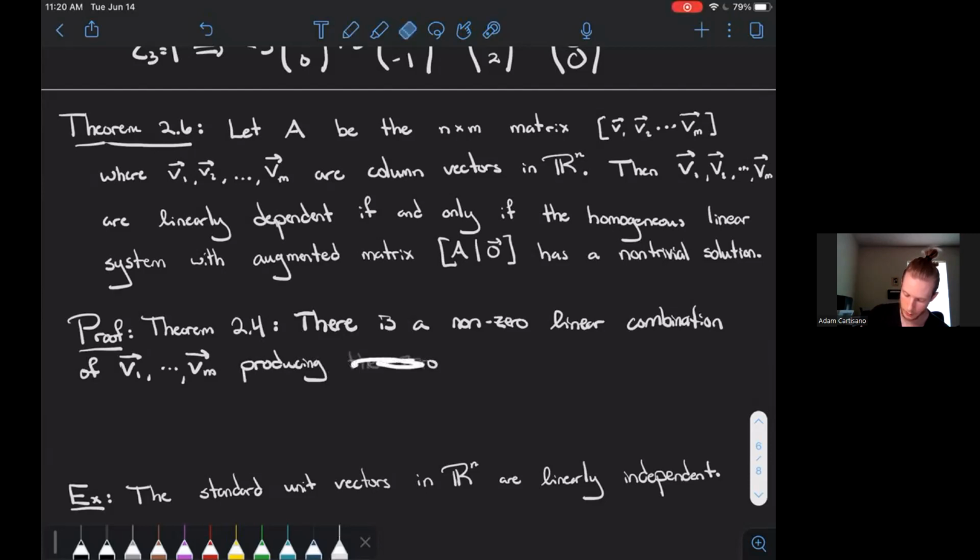That is what is given by theorem 2.4. But that means those scalars are, by definition, a non-trivial solution to the augmented system.